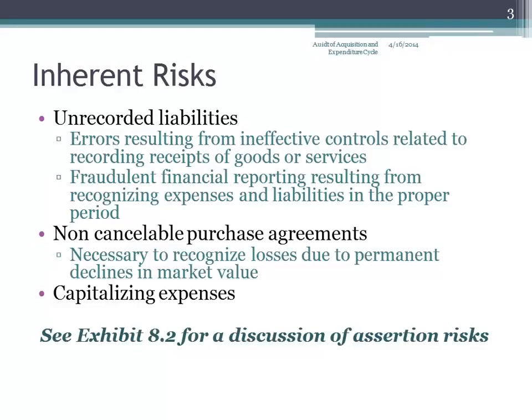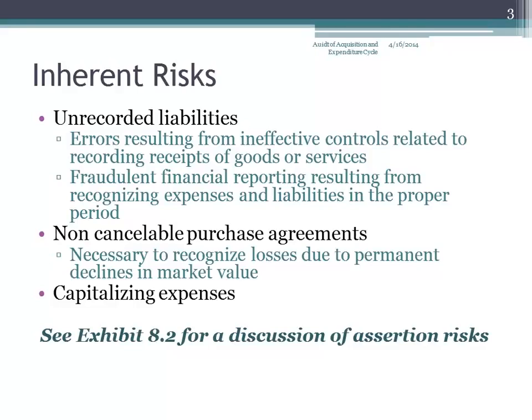Because what an auditor is going to be concerned with is an understatement of liabilities or unrecorded liabilities. Valuation and allocation is also going to be a high risk as well. Again, if the company has non-cancelable purchase orders, the auditor is going to look at whether or not there's a significant decline in the market value.